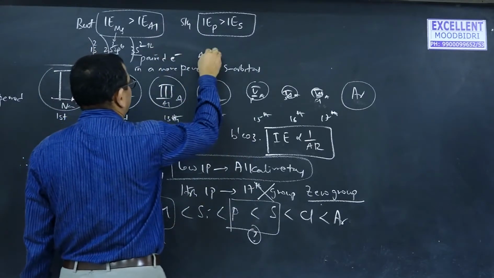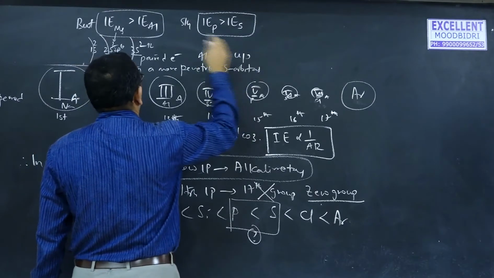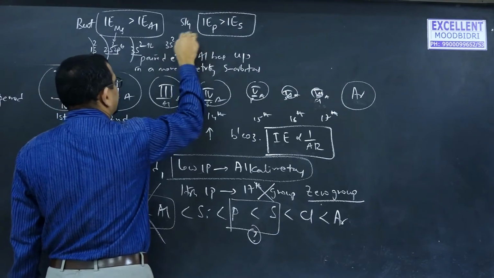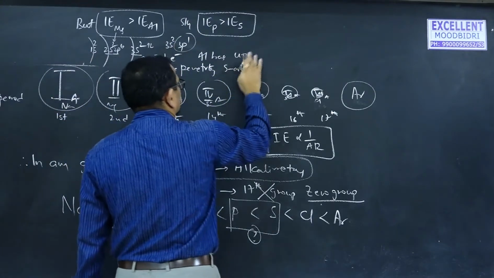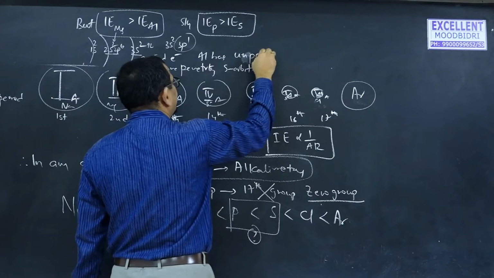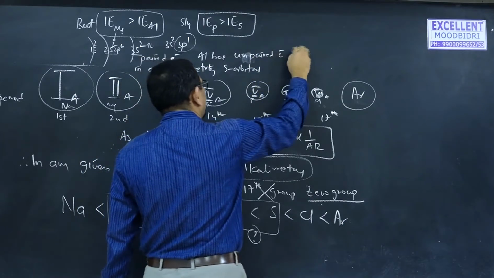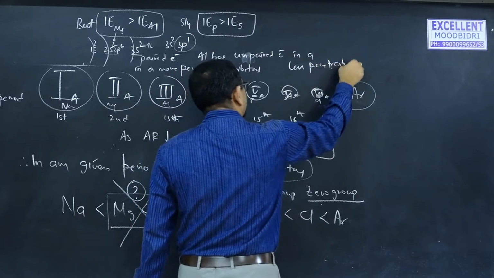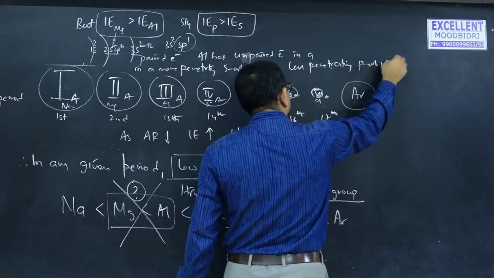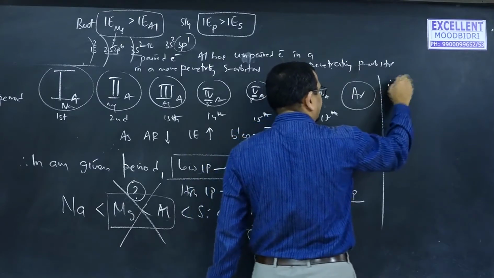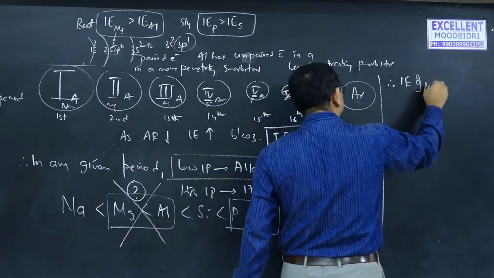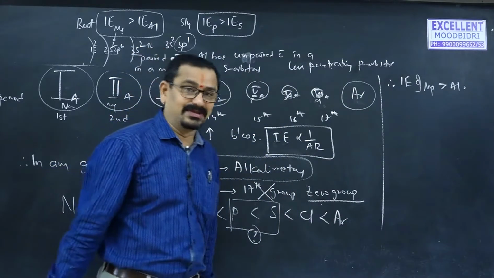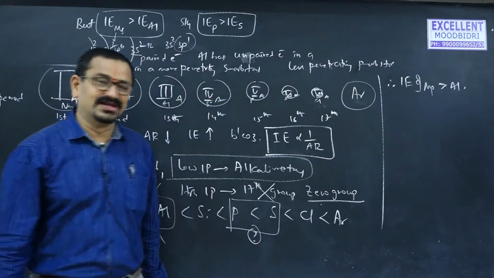Relatively, aluminum has an unpaired electron. What is the configuration of aluminum? 3s2, 3p1. It has one unpaired electron. Aluminum has an unpaired electron in a less penetrating p orbital. Therefore, the ionization enthalpy of magnesium is greater than that of aluminum. Of course, this is all about first ionization enthalpy only.